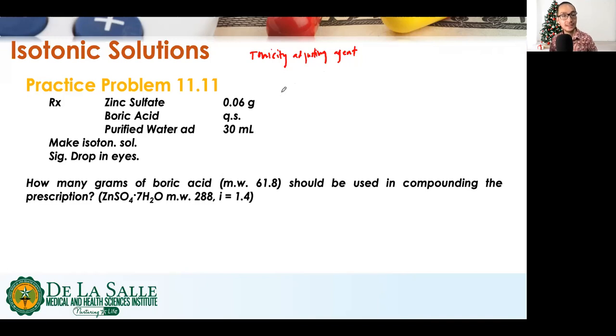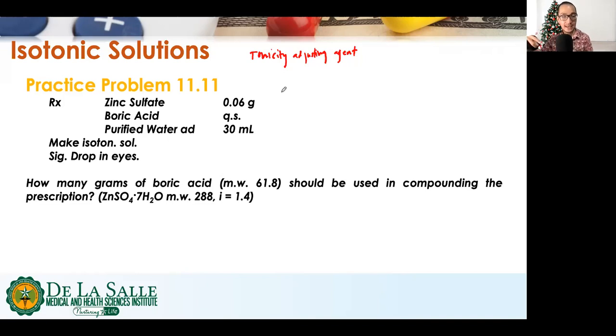So sometimes you cannot simply adjust the amount of the drug itself, because the tonicity contributed by the drug may be too low. So you need to add another substance that will increase the tonicity of the solution to make it isotonic.